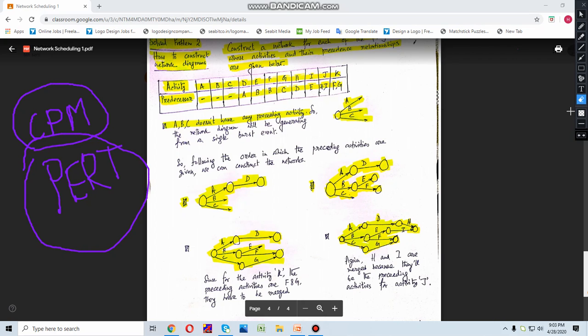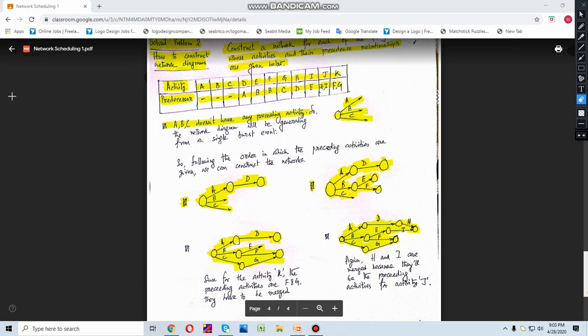So I hope you have understood the basic terminologies of a network, and I hope that you have understood the requirement of scheduling or creating networks, and most importantly, I hope that you have understood the techniques of how to draw the networks.